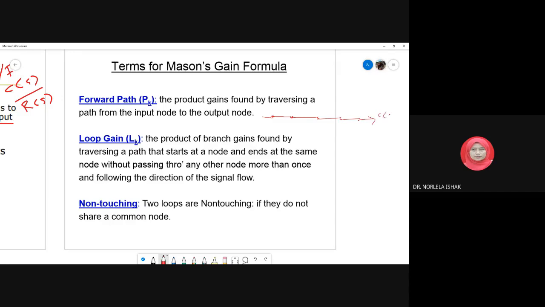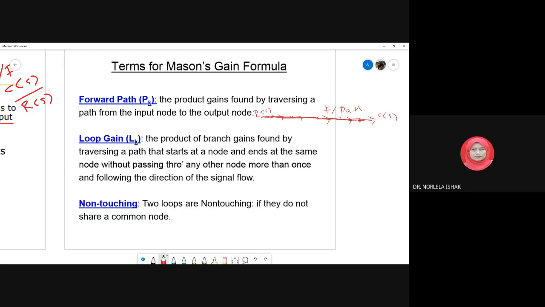This is our input. And let's say this is our output. And this is the arrow. Okay, this is your input node and this is your output node. This is the forward path. You follow this arrow. You start from input, you go to output. You follow the arrow. This is what we mentioned as forward path.